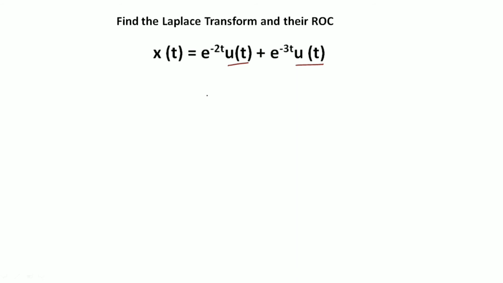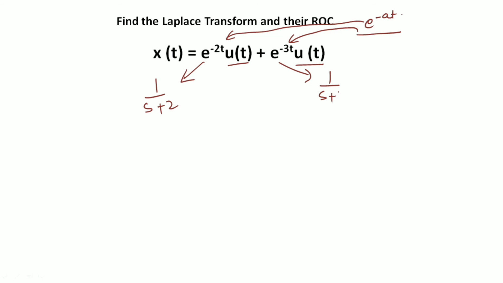Just before starting this lecture, we learnt about the Laplace transform of e to the power minus at, and the same expression we have here too. In a we have minus 2 and minus 3. We get the Laplace transform of this signal as 1 by s plus 2, and for this signal we will get 1 by s plus 3.